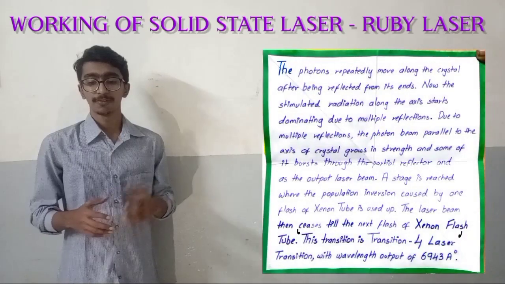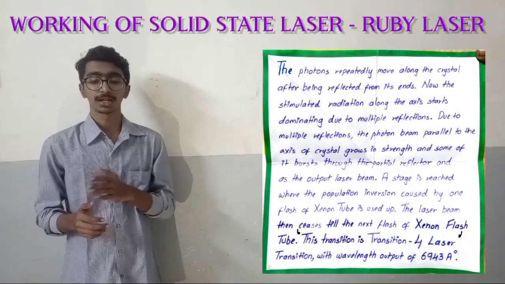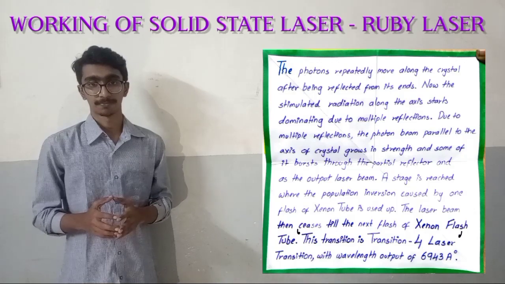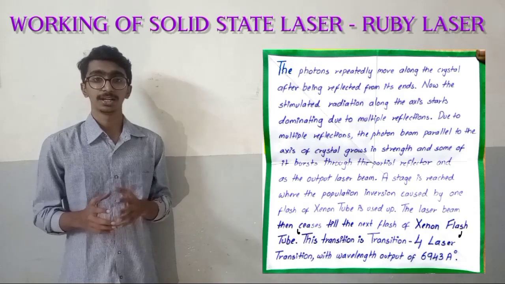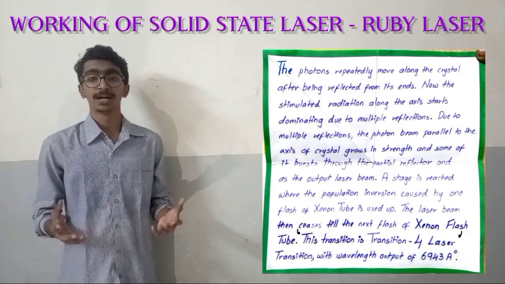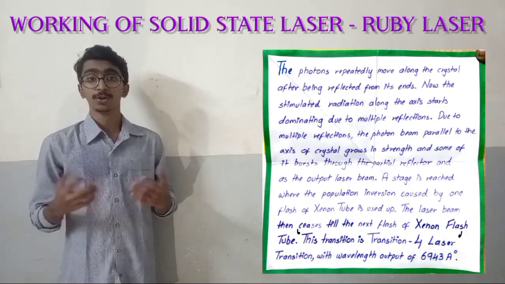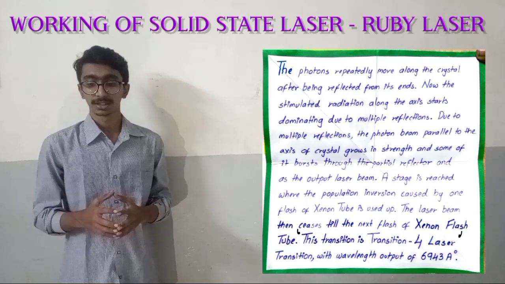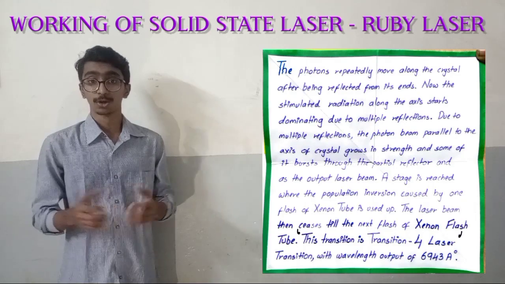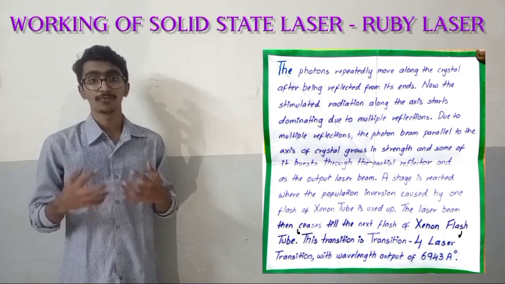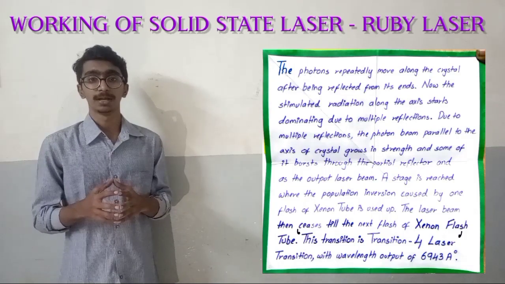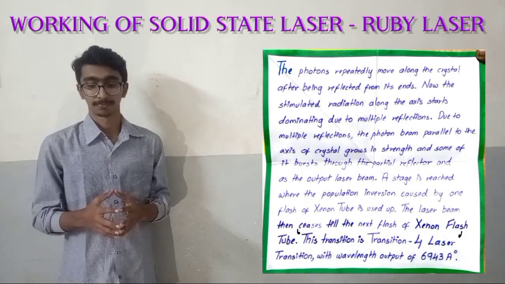Fourth, the photon repeatedly moves along the crystal after being reflected from its ends. Now, the stimulated radiation along the axis starts dominating due to multiple reflections. Due to multiple reflections, the photon beam parallel to the axis of the crystal grows in strength, and some of them burst out and serve as an output beam known as the laser beam.